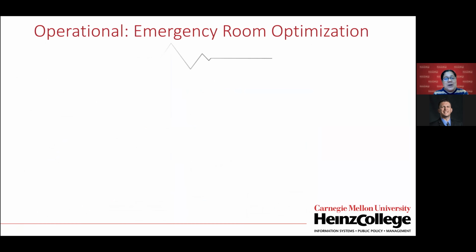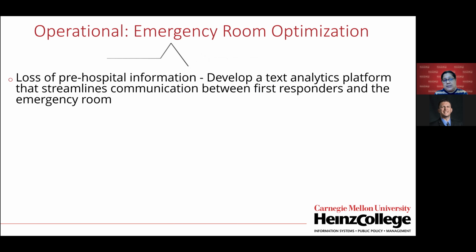The next one, an example of an operational solution using technology and analytics, is in emergency room optimization. This was really a project with a local health system, but it is a widely prevalent issue. When patients come to the emergency department, they come from other hospitals, from home, from accident locations and so on.